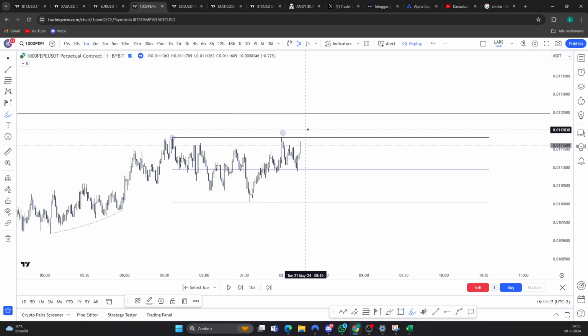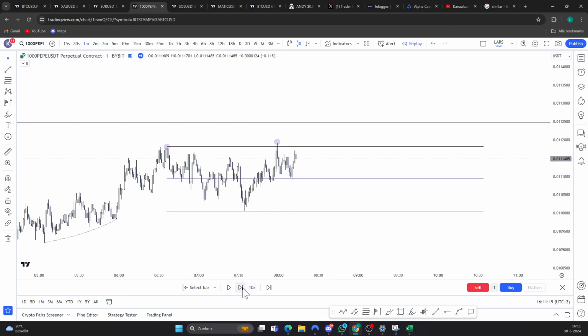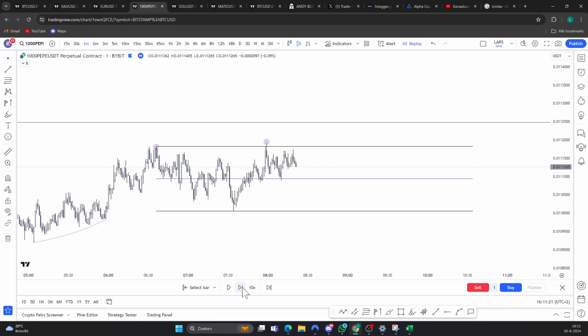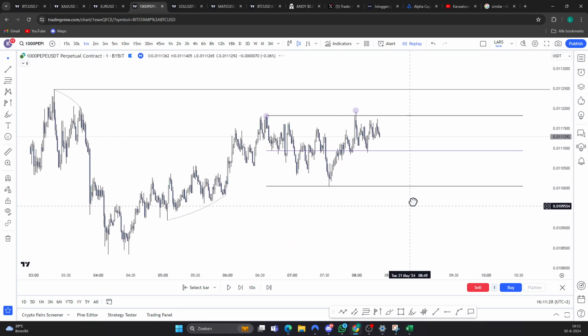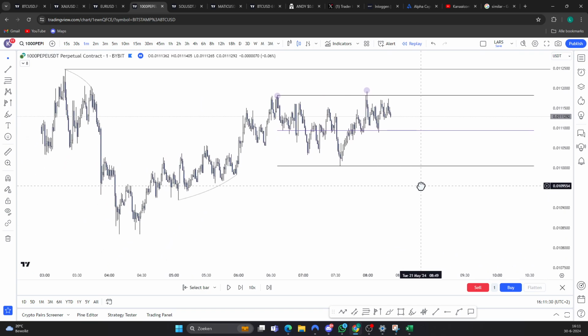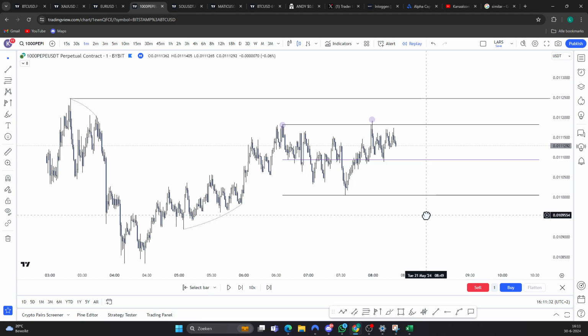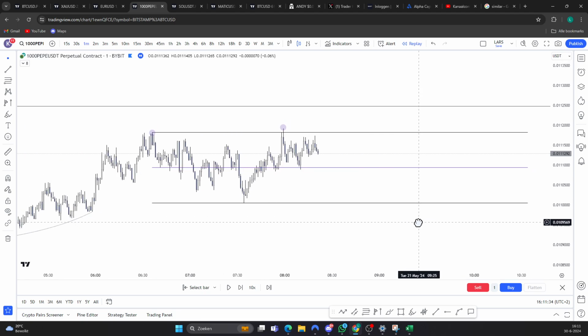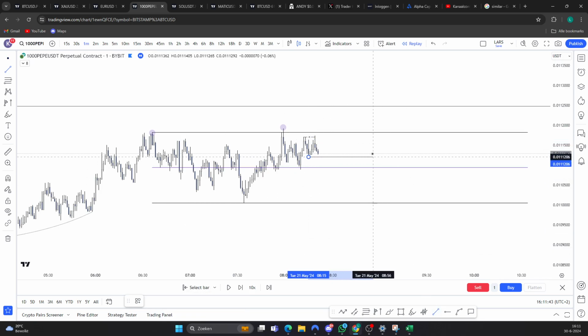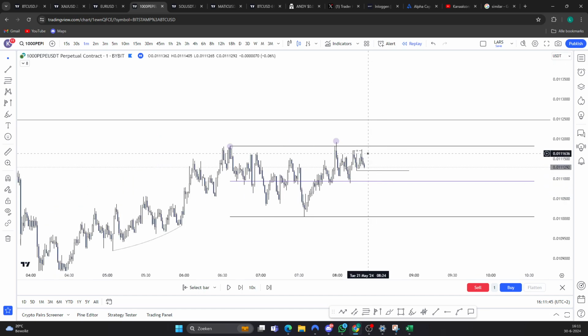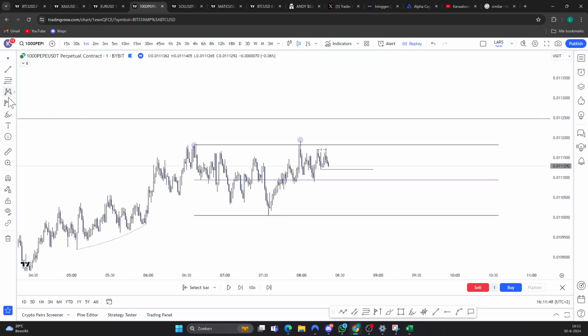Range high sweep. It swept a high. If we break this, that could confirm a model 2 distribution just like before.